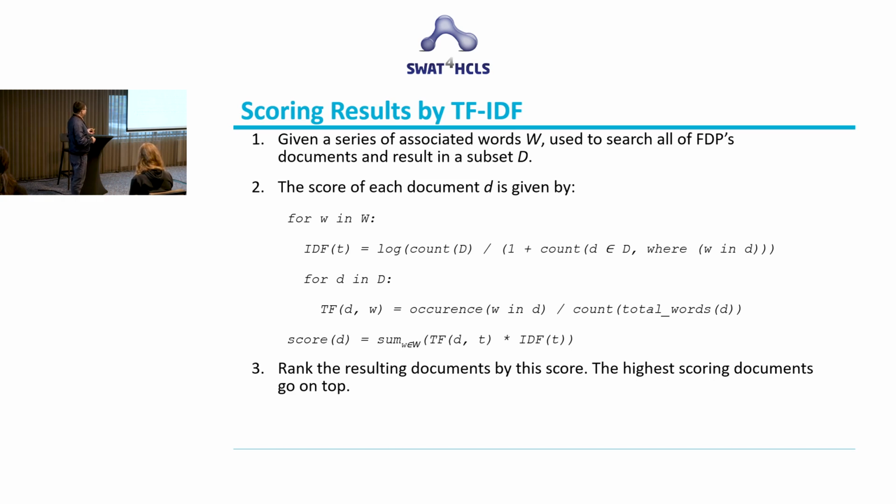Then we calculate a score for each document in this subset using these equations. This is the equation for TF-IDF. The third step is to rank the resulting documents by this score, and the highest scoring document will appear at the top of the list.